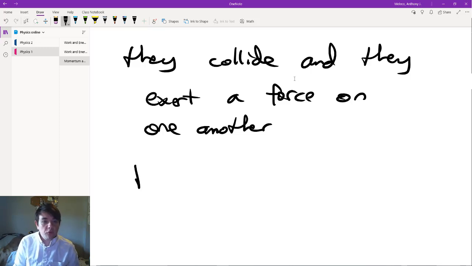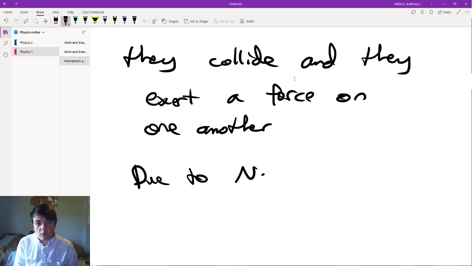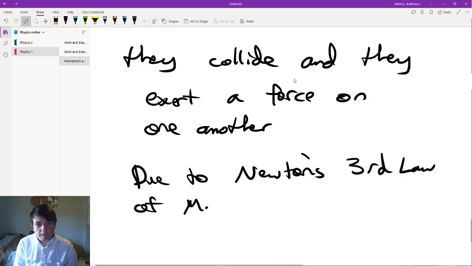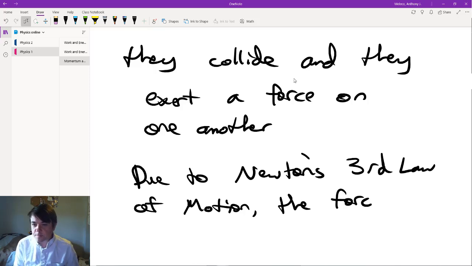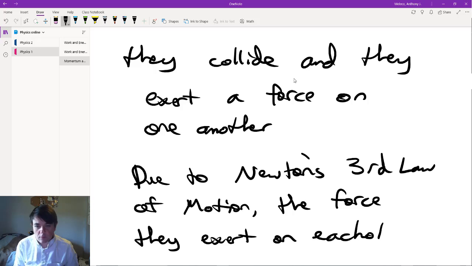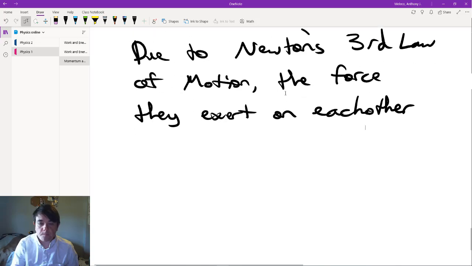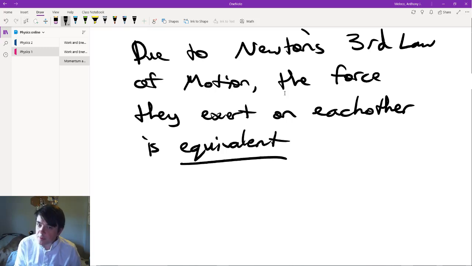Due to Newton's third law of motion, the force they exert on each other is equivalent, different directions but mathematically equivalent.